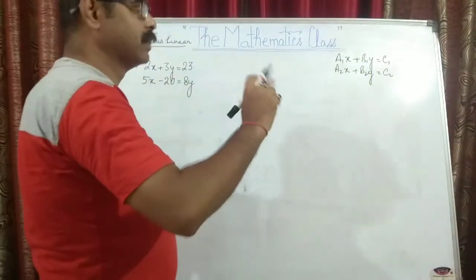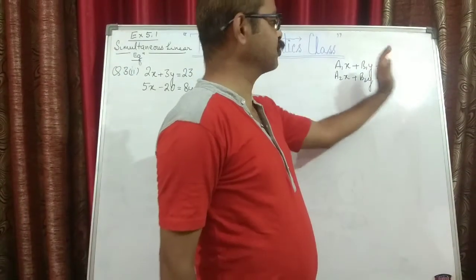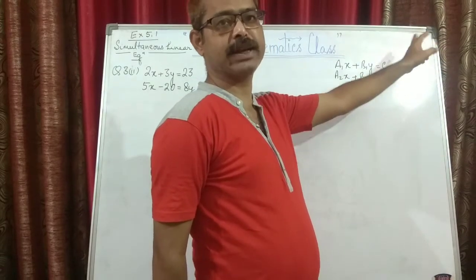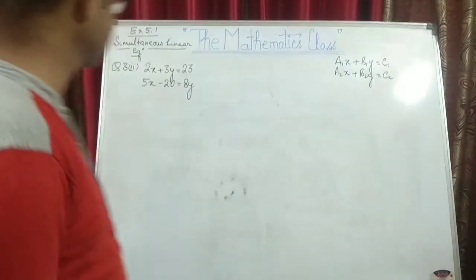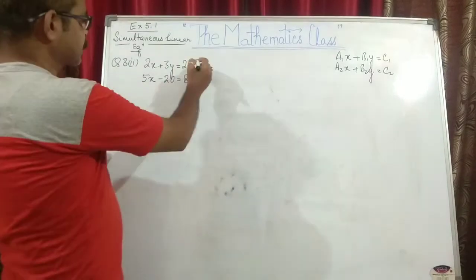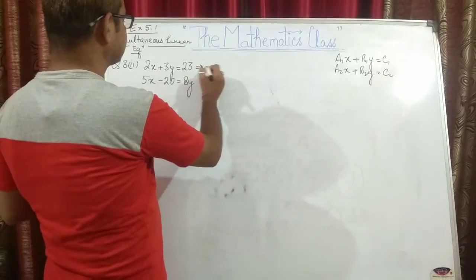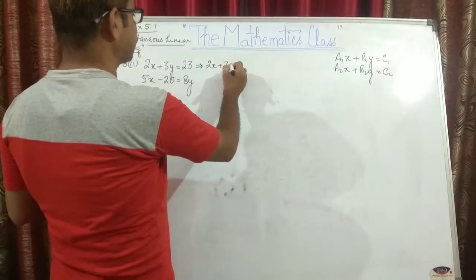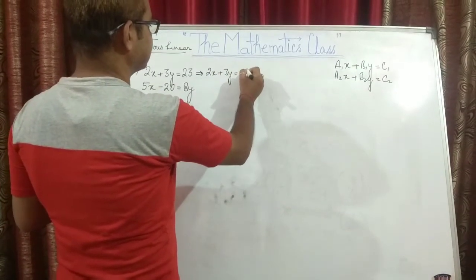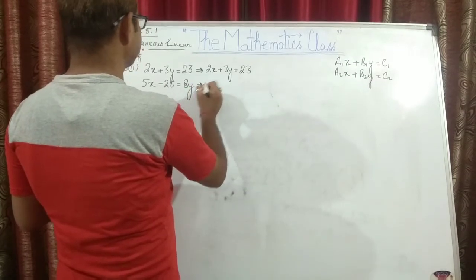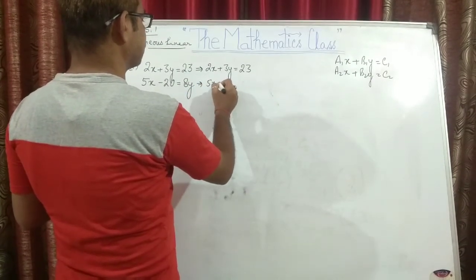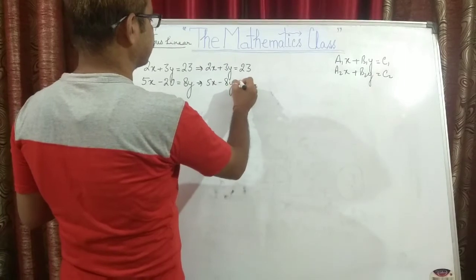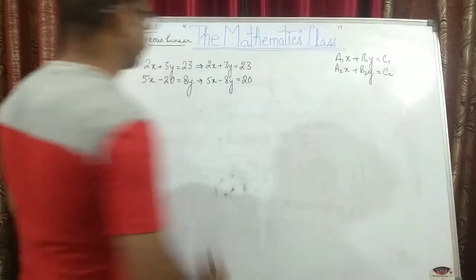Even if you write plus c1 and plus c2, when they go on the other side it will be minus c1, minus c2, it doesn't matter anyway. Now this can be written as 2x plus 3y is equal to 23 as it is, but the second one can be written as 5x minus 8y is equal to 20.